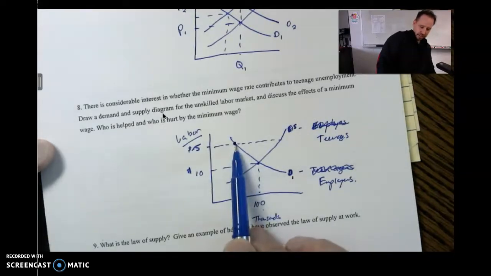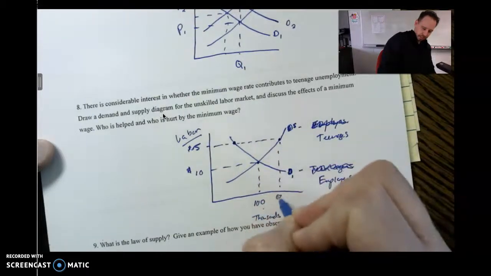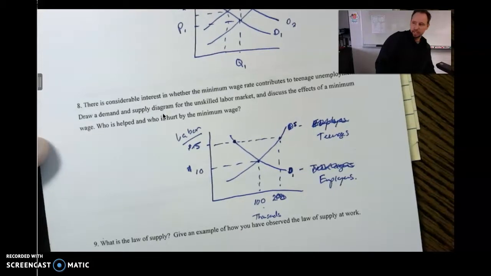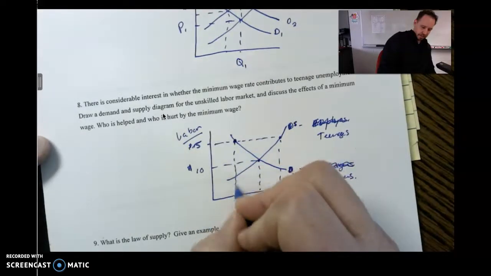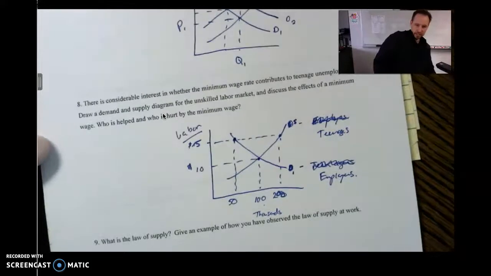At $15, you got a ton of people willing to go out and work. So your quantity supplied might be out here at 200,000 hours willing to work by teenagers in a market. The problem is, in order for somebody to employ you, you have to be worth it. An employer is not going to pay you to do something that is not worth it to them. So at that $15 an hour, we only have 50,000 hours that are demanded.